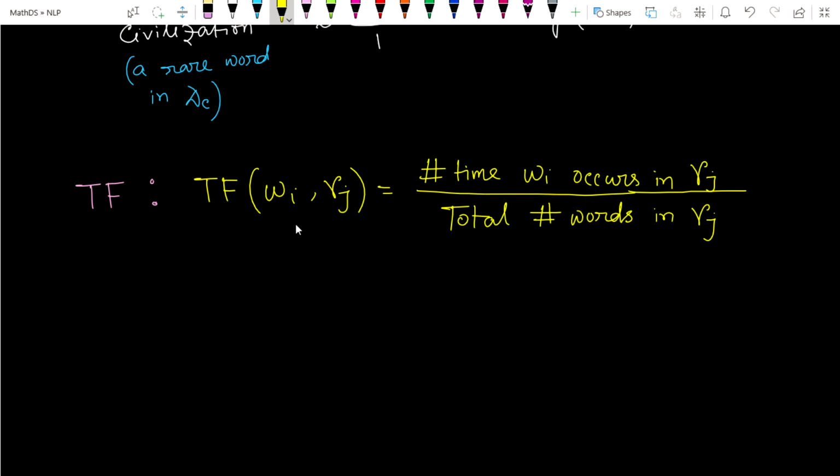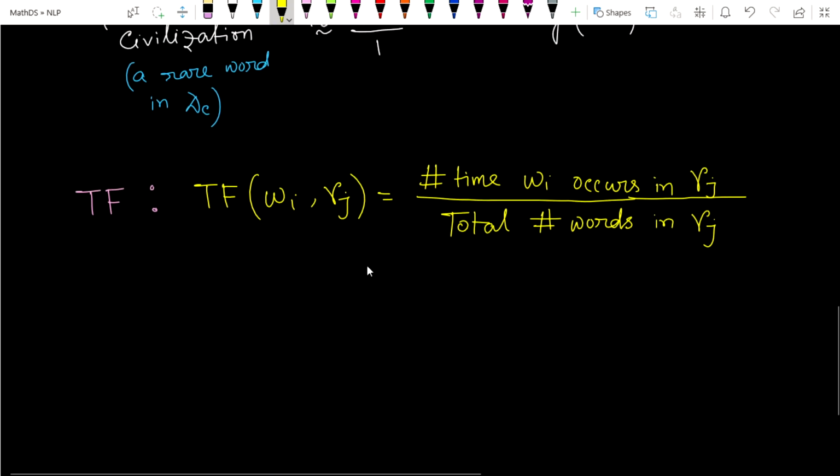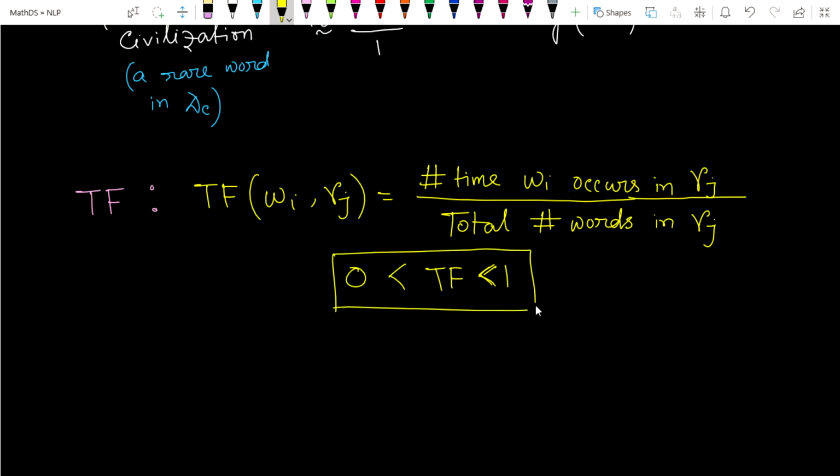And we have already seen that this value lies between 0 and 1. But the main problem is here. Just see it.